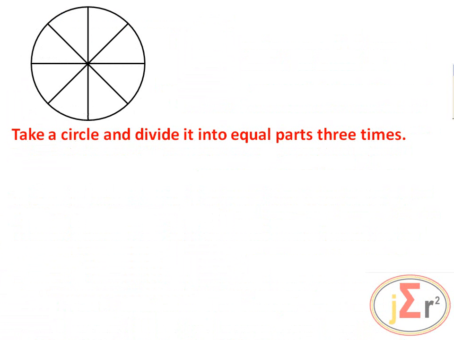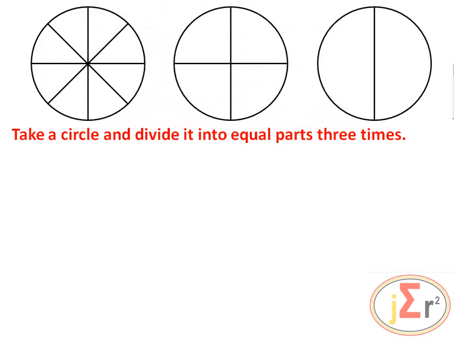Take a circle and divide it into equal parts. That's what we are doing. And what we are doing here, we are attempting to show that equivalent fractions may result from dividing a whole into a number of equal parts.